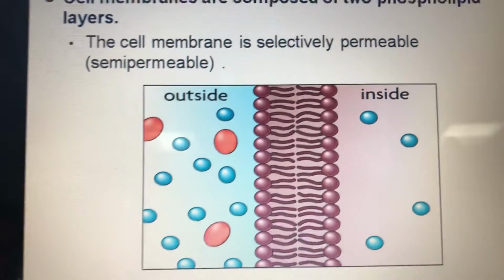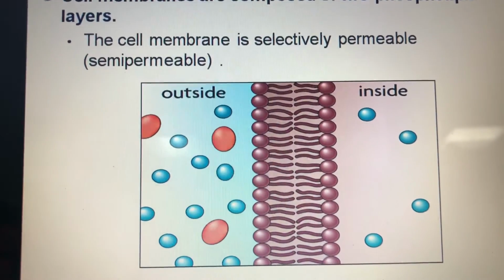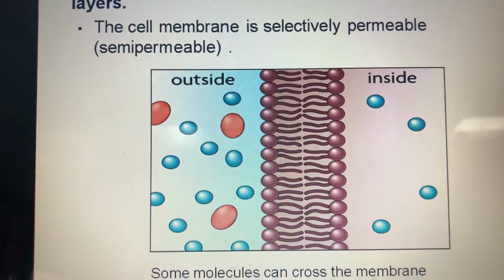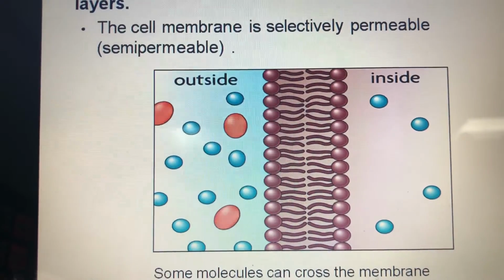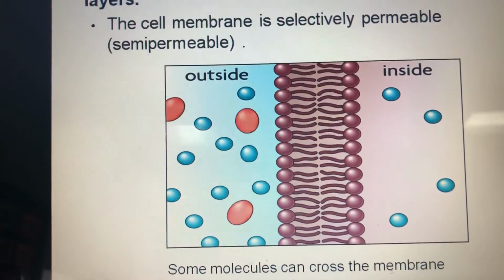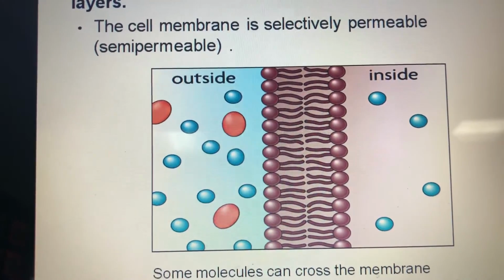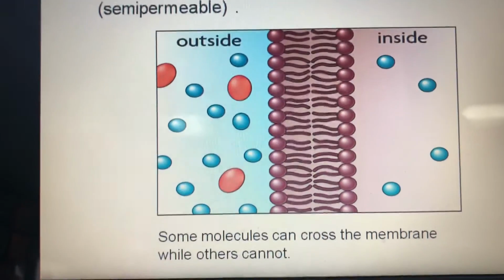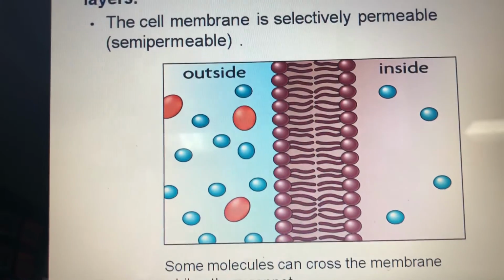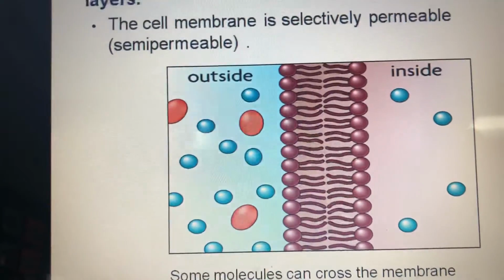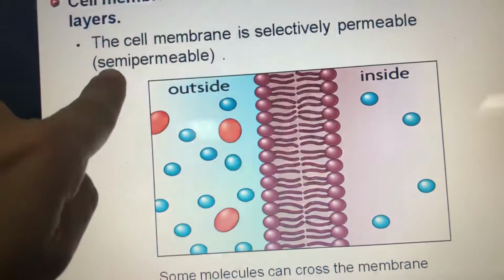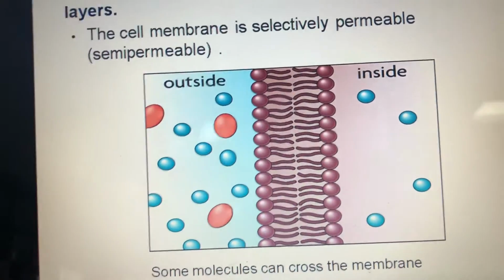Permeable is the ability to let things pass through it, and the cell membrane is permeable. There are materials that can cross or pass through it, but in a selective way. Some molecules can cross the membrane while others cannot. Because of this, it has the property of being selectively permeable or semi-permeable.